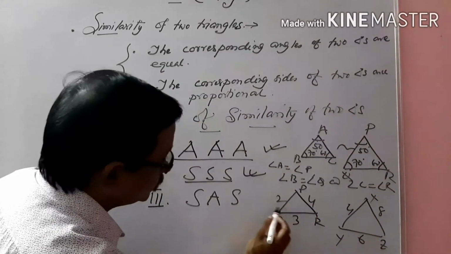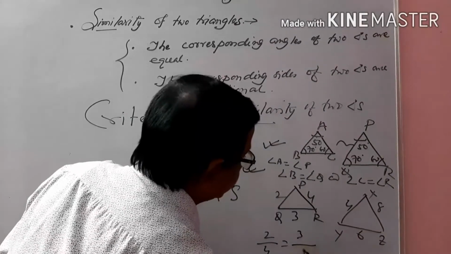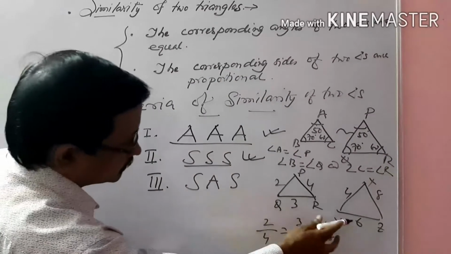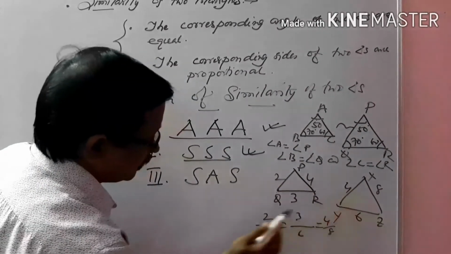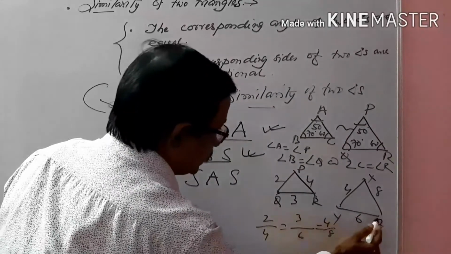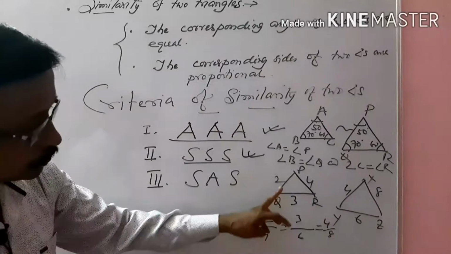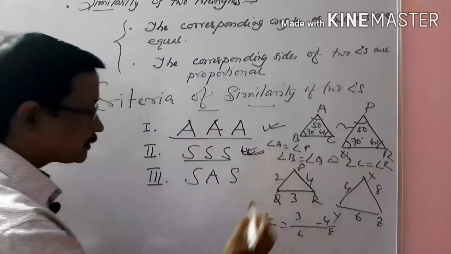You see the ratios 2 by 4, 3 by 6 and 4 by 8. Their sides are proportional. PQ by XY, QR by YZ and PR by XZ are proportionally equal. In that condition also, two triangles are similar.